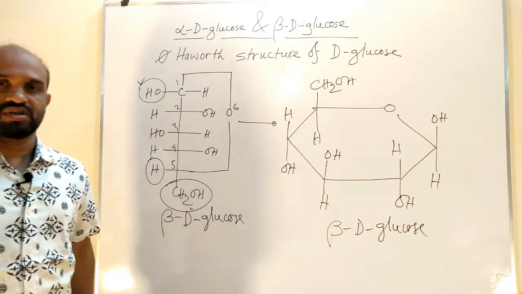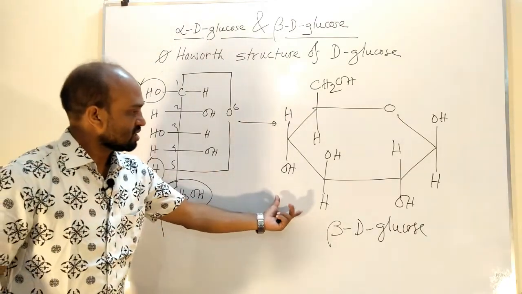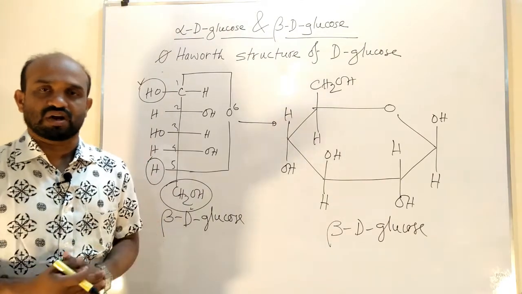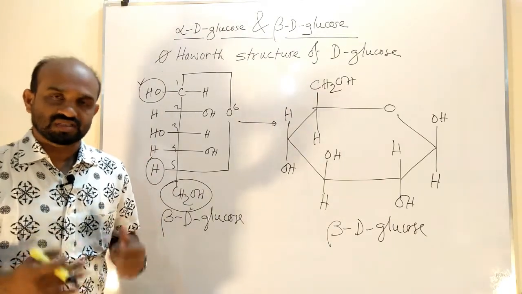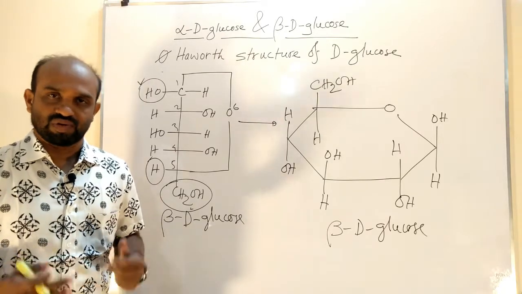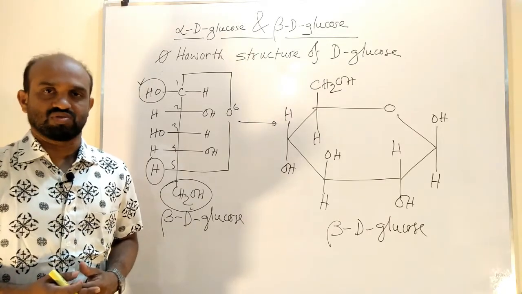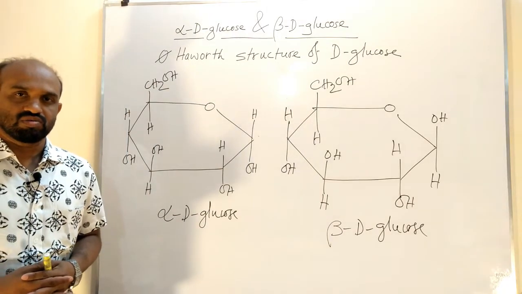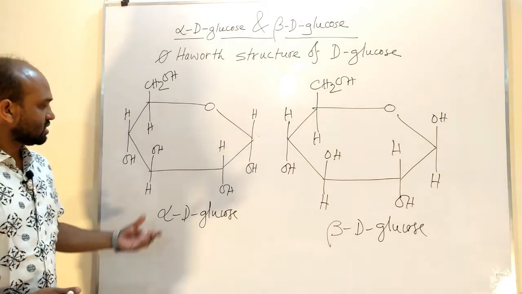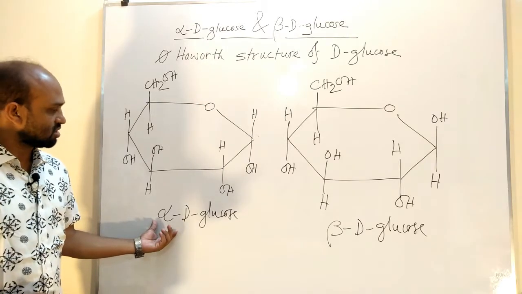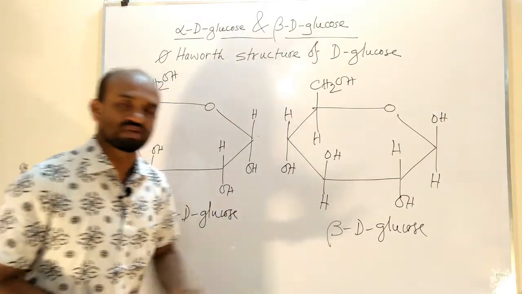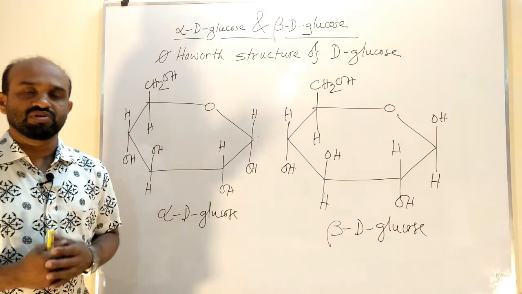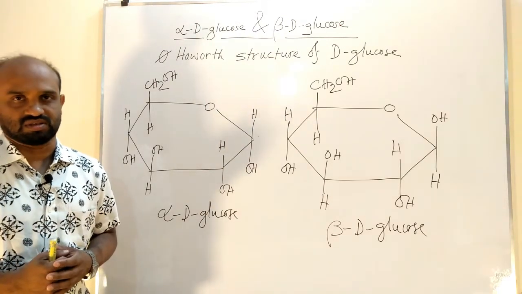Dear students, this is the ring structure of beta D glucose. We will now see together the hexagonal ring structure of alpha D glucose and beta D glucose, to find the minute difference in the structures.